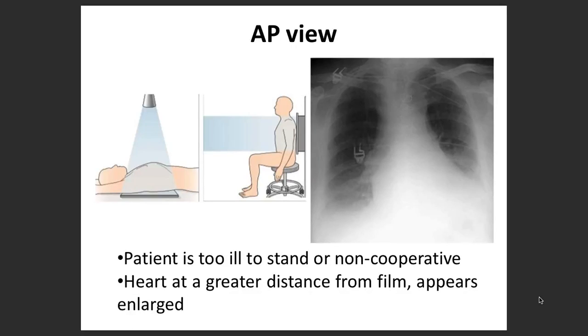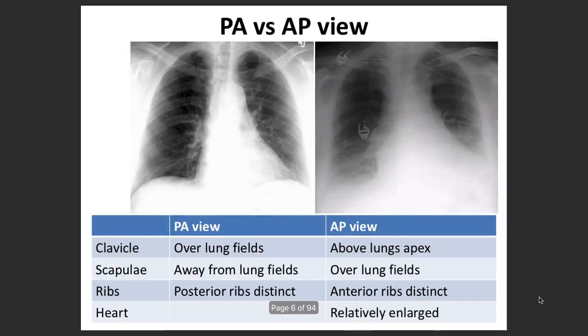They are not able to stand or are non-cooperative. So the heart is at a greater distance from the film and appears a little enlarged. So don't be in a hurry to make a diagnosis of cardiomegaly, especially in this view, okay?